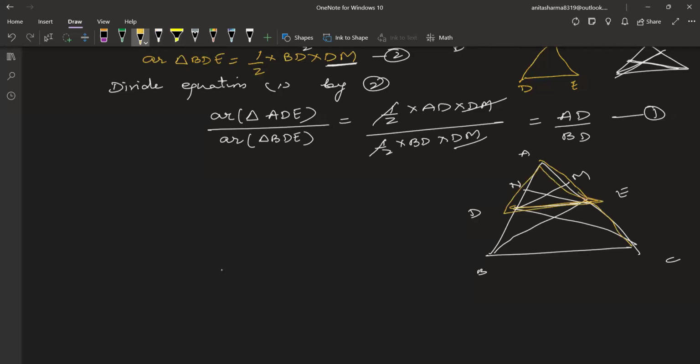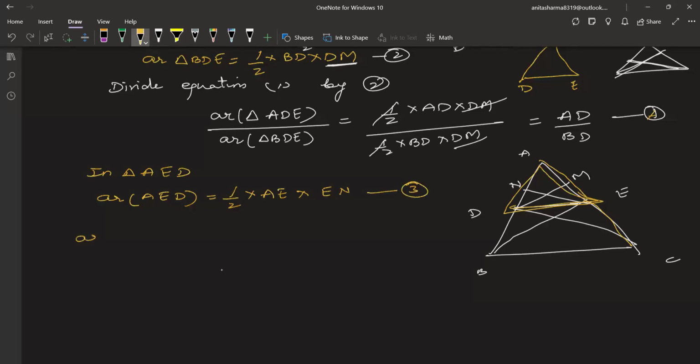AED. So in triangle AED, the area of AED will be half into base AE and perpendicular EN. This is your equation. Mark this as 3.